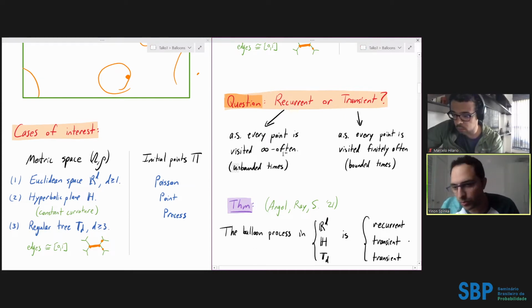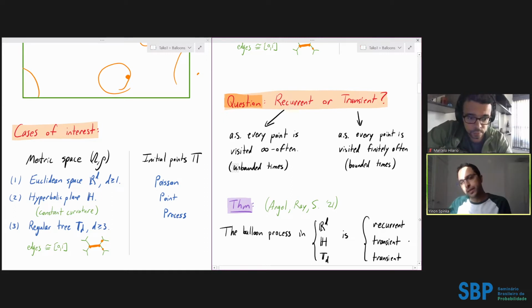Already let me mention that in the case of R^d, this is telling us that the recurrence here is not related to recurrence and transience of a simple random walk, for example. This is in all dimensions always recurrent. And I don't know if it was clear from the simulation I showed you that this was recurrent. We can go back and look at that quickly.